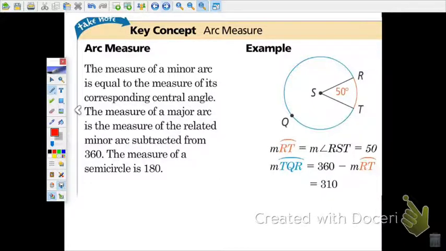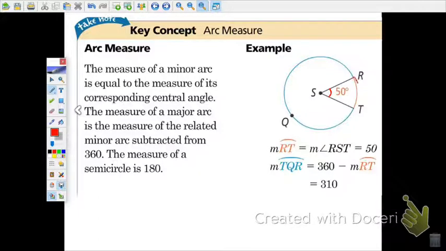The measure of a major arc is the measure of the related minor arc subtracted from 360, because a full circle is 360 degrees. If a full circle is 360, then a semicircle is going to have a measure of 180. So in this example, this angle S is 50 degrees.